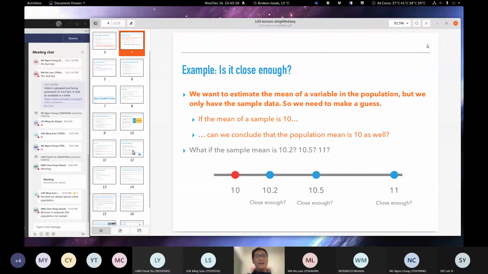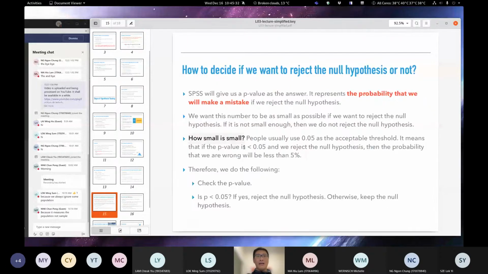So it turns out that people do not directly draw some lines here, but instead they consider how small the p is. And then people usually use one number that is 0.05 as the acceptable threshold. So it means that if the p-value is smaller than 0.05, then we reject the null hypothesis.